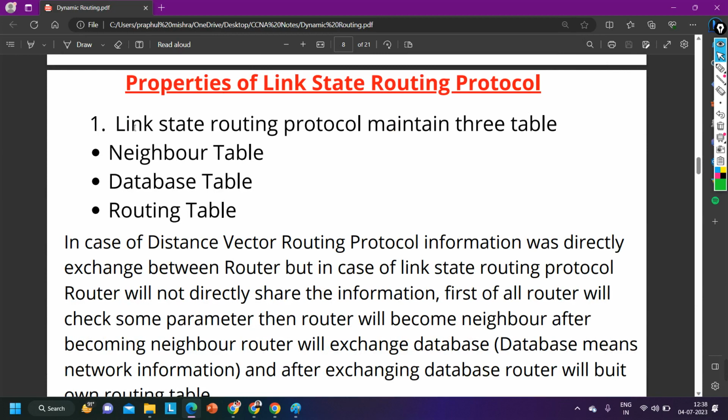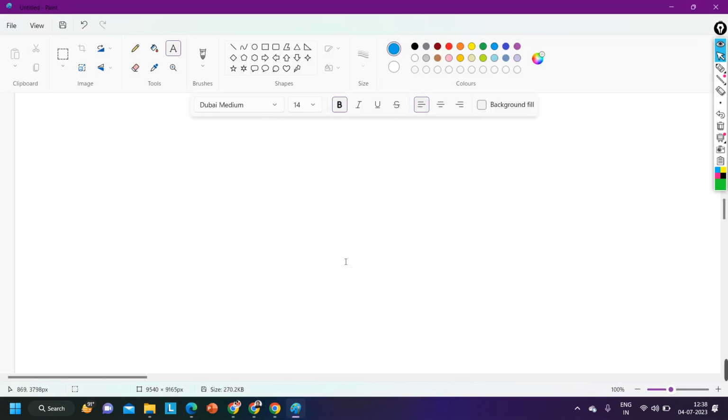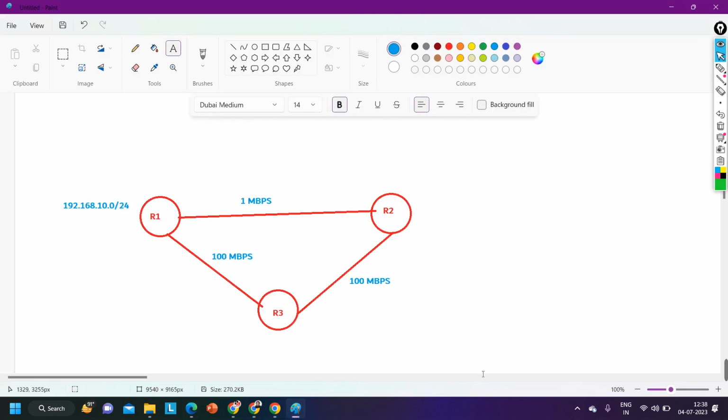First, link state routing protocol maintains three types of table: neighbor table, database table, and routing table. So when we configure link state routing protocol, let's say on these three routers, these routers are not going to exchange routing information directly.